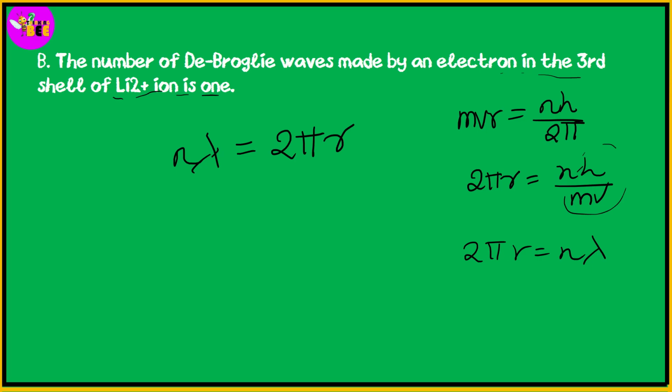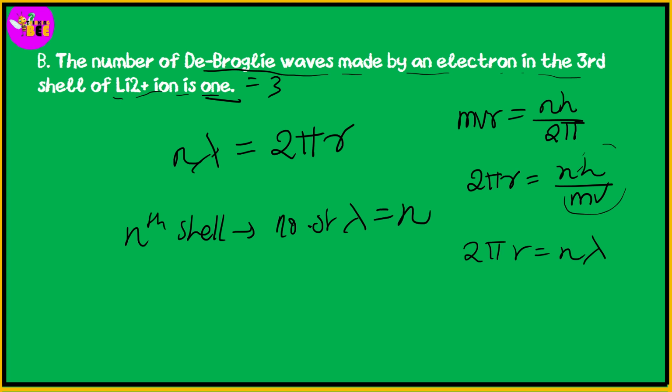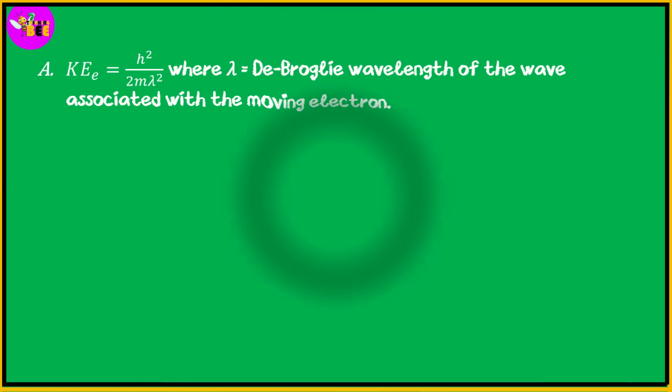Now, it says that the number of de Broglie waves made by an electron in the third shell of the lithium 2 plus ion is 1, but the actual answer would be 3, because in the nth shell the number of lambda would be equal to n. So, here it is saying in the third shell it will be equal to 1, which is incorrect. It would be 3. Therefore, option B is also incorrect.